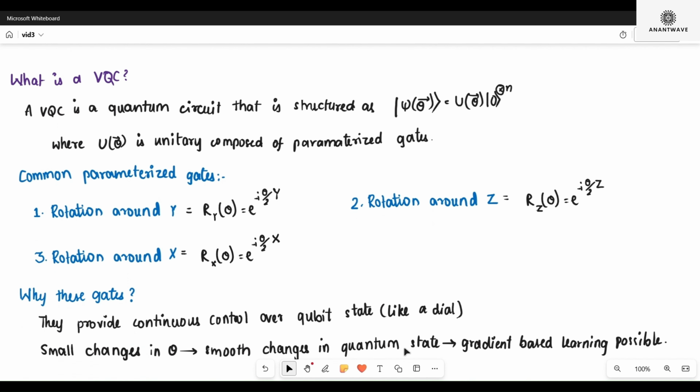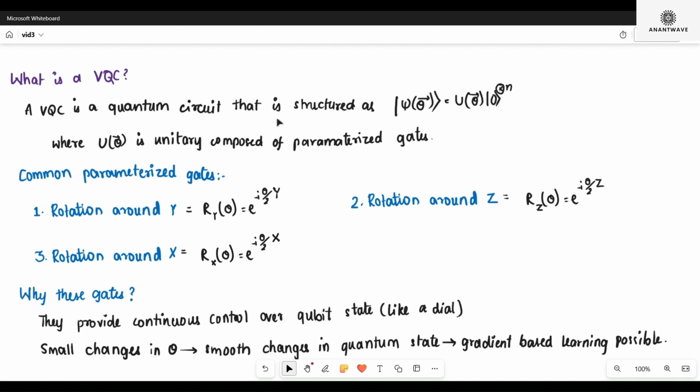Now let's see what a VQC is and the common parameterized gates. A VQC is a quantum circuit structured as ket phi of theta equals U of theta times the initial basis state, where U of theta is a unitary composed of parameterized gates. What are common parameterized gates? These are rotation gates, either rotation around x, y, or z.